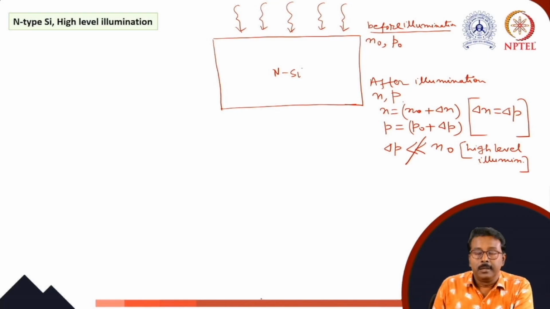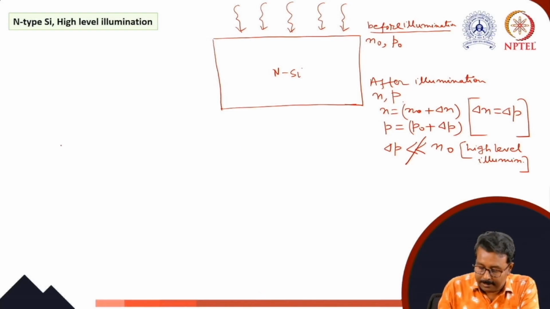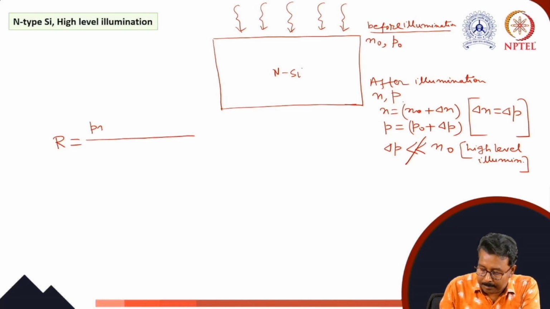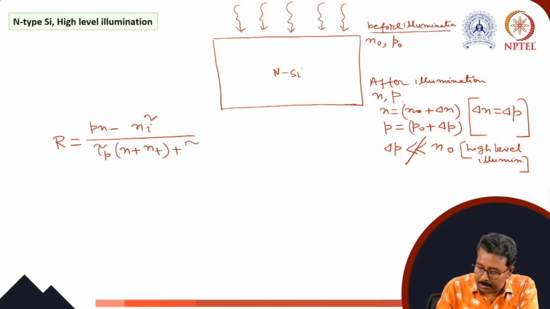So let us derive the rate: Pn minus Ni square by tau P into (N plus Nt) plus tau N into (P plus Pt).